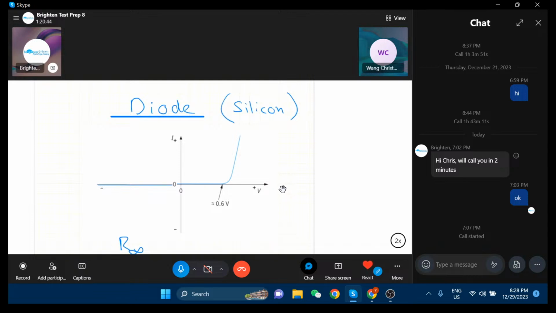If you have the voltage below 0.6 volt, there will be no current, or, like you said, infinite resistance. And then it makes the jump afterwards, within a very small bandwidth. After that, it basically goes more or less linear up and up. It's a question of how far up it really goes, of course. That is very interesting behavior.